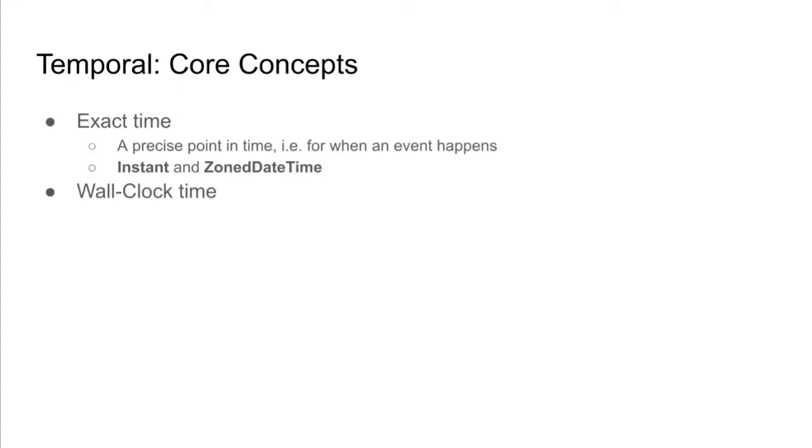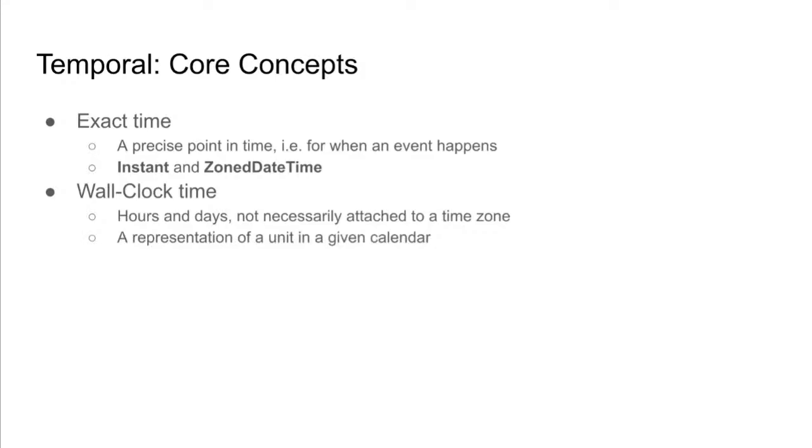The other concept that was brought to us is the wall clock time. It represents hours and days, but not necessarily attached to any time zone. It just represents a unit in a given calendar. For instance, December 21st of 2012 or 2 minutes to midnight.